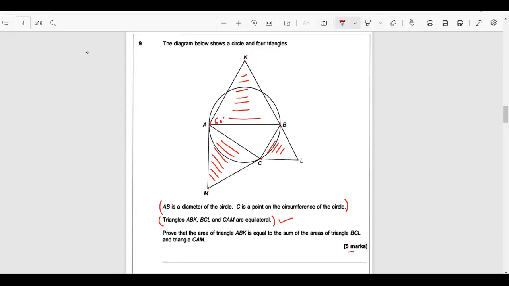Even if the triangle is small, it would be 60 degrees, and all the angles inside these equilateral triangles would be 60 degrees. That is it. Now think about it, and I'll give you 2 minutes, and then tell me if you were able to prove it or not. I'm here. If you have some issue, you can ask me directly.